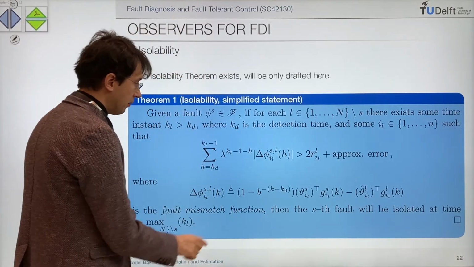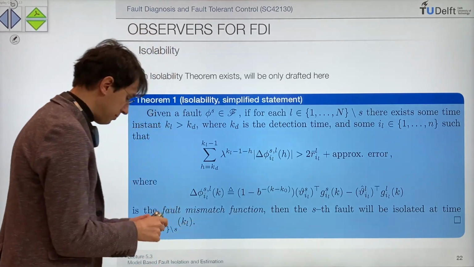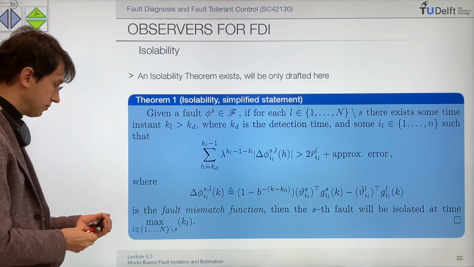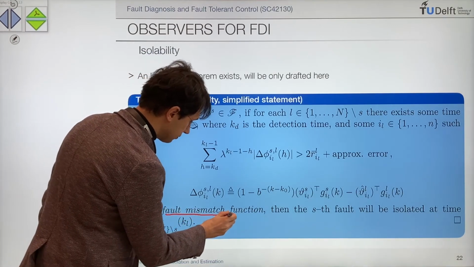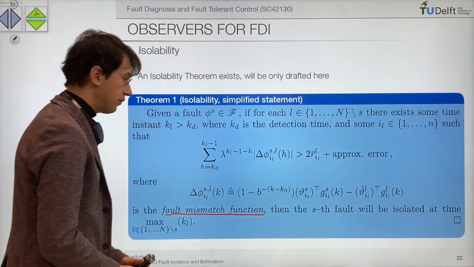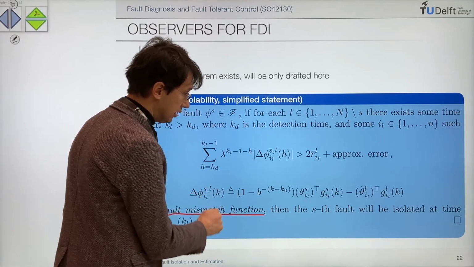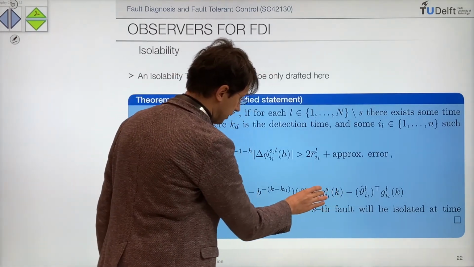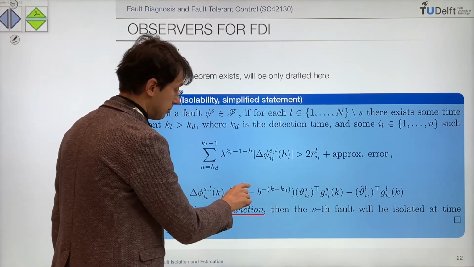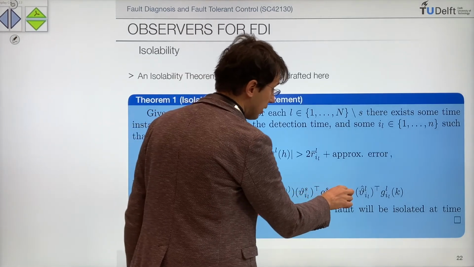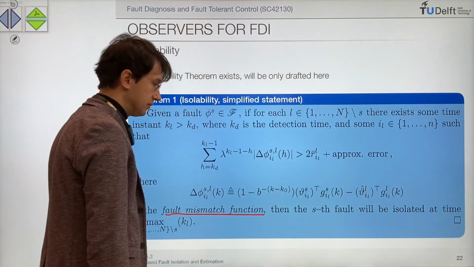Instead, we have this delta fault function, which is called the mismatch function. This is the fault mismatch function. And the fault mismatch function is a difference between the actual fault function with the beta in front of that minus the one that we learned so far.